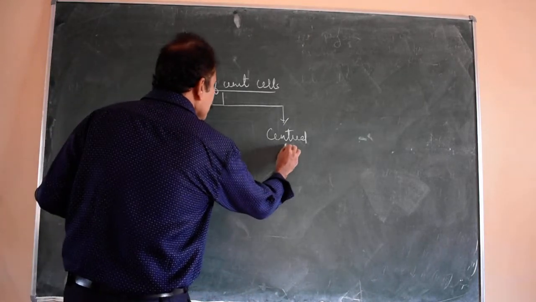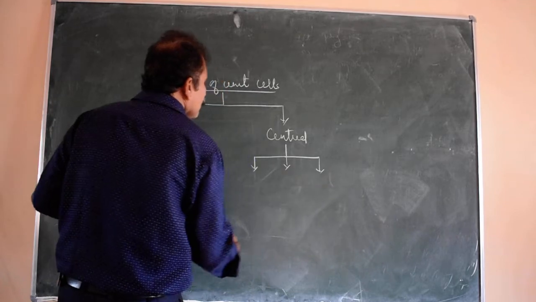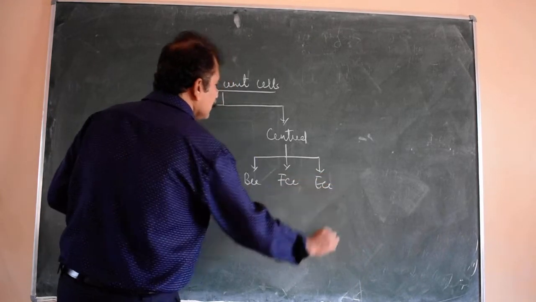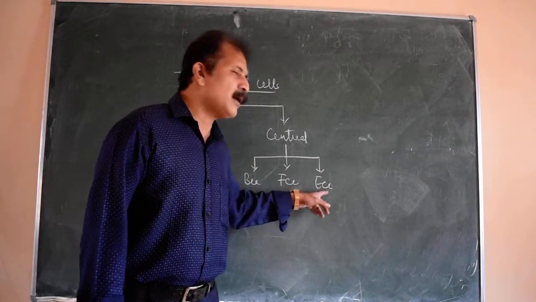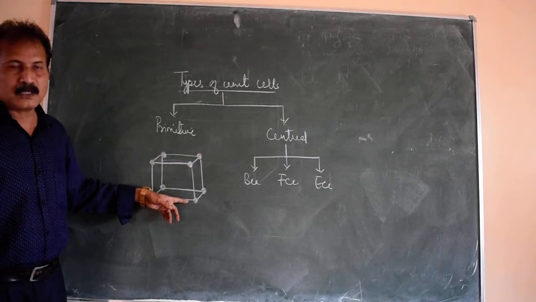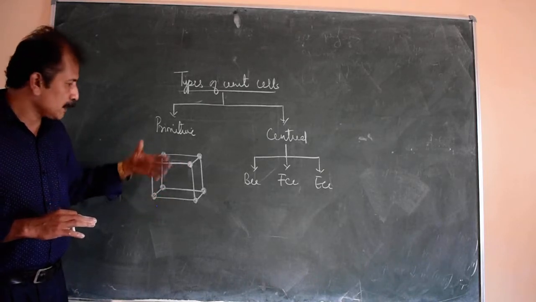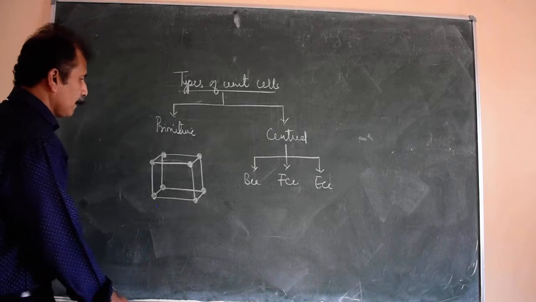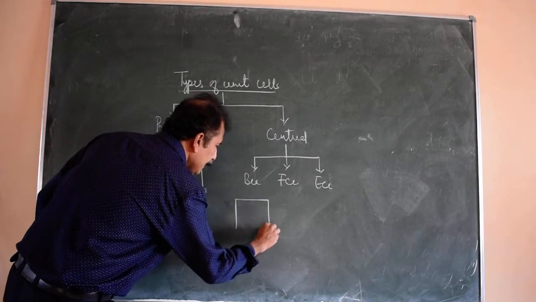Therefore, in centered there are 3 more types. First one is BCC, then FCC, then ECC. So you have a body centered cube, then a face centered, and an end centered. In centered, other than those at the corners, there will be particles on any other part of the crystal. It can be on the surface, on the face, or inside the crystal. Let us see what is meant by BCC. In BCC, 8 particles are there at the corners.